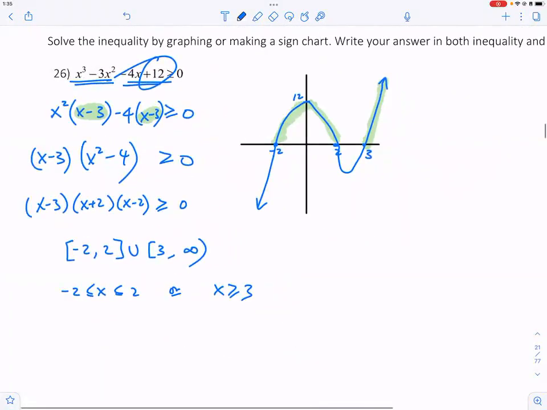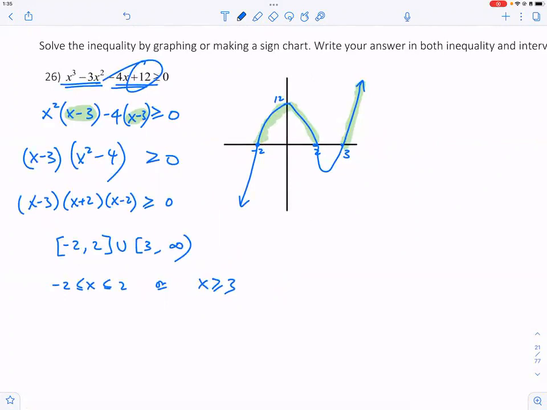Now, for students who may prefer another method, there is another method called the sign chart. If you know the factors like here, you can draw a number line right here, and then you can put down x minus 3, x plus 2, x minus 2.